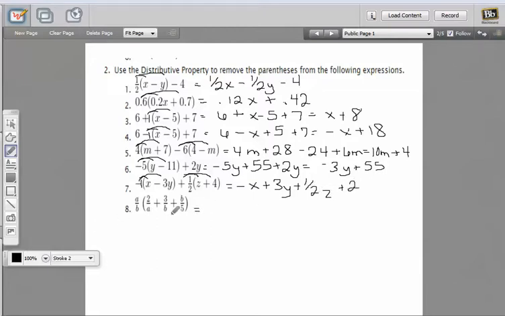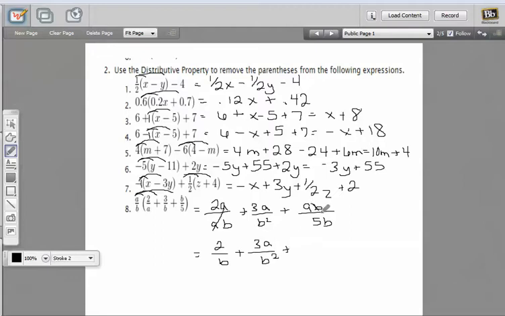And for the last one here, let's distribute a over b throughout the parentheses, so that would be a 2a over ab plus a 3a over b squared, because b times b is b squared, and then an ab over 5b. And if I want to go ahead and simplify this, notice the a's there cancel, so it's 2 over b in the first term. Nothing can really simplify in the second term here, and then the b's cancel in the last one, so it's just a over 5.